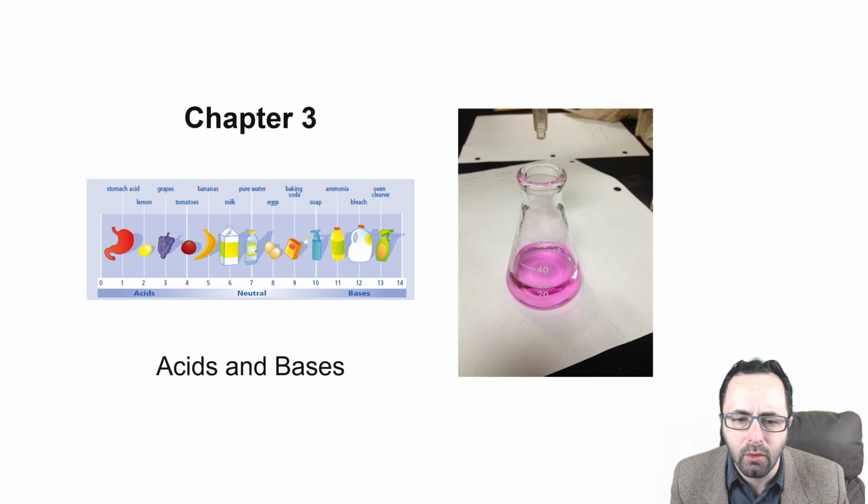We have pure water here being neutral, milk slightly acidic, and so forth. Some fruits are acidic here. In addition, we've got eggs and baking soda and soap cleaners, as you can see on the high end, being mostly basic right here.